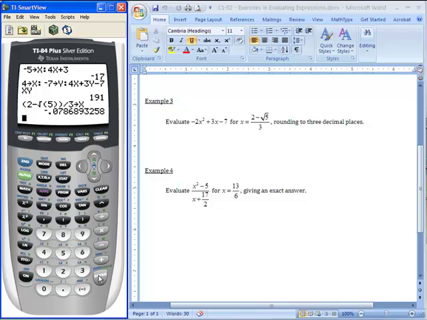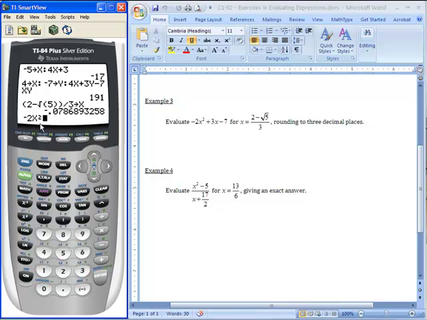So now we can type in the expression that we have. Our expression is negative 2x, and then we need to raise this to a power. We can either use the caret key on the right-hand side and the power 2, or for squares, we have a shortcut key on the left-hand side. We can just simply press this x squared key, and that's what I'm going to do.